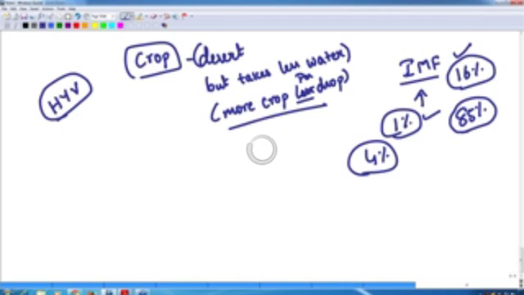This is one reason why they keep saying that the new development bank which has come up, that is the BRICS bank, right?